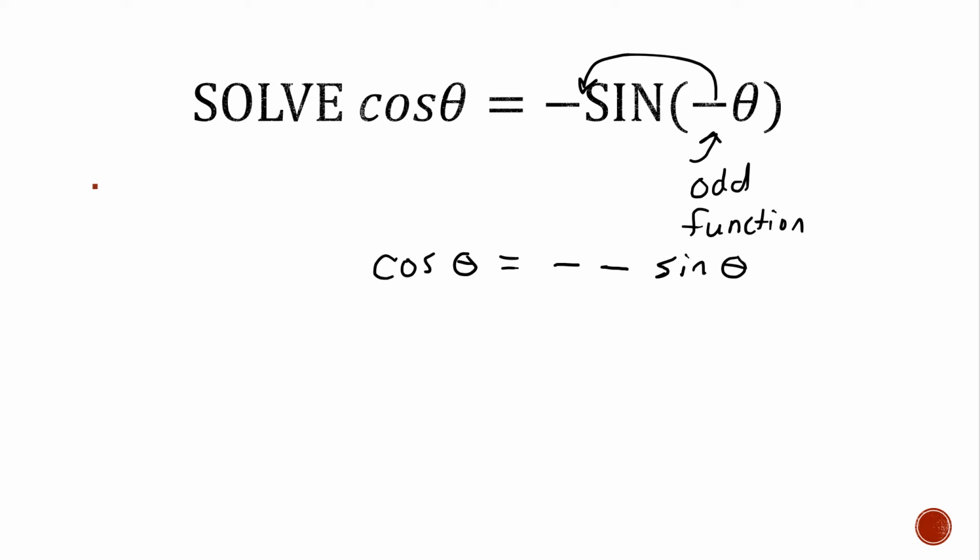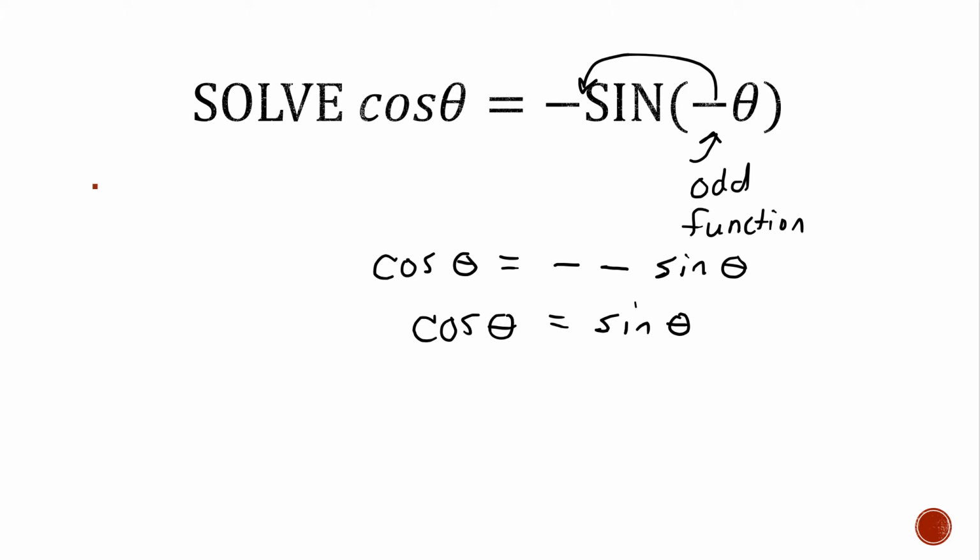So those two negatives are going to become positive. So we're really looking for places where cosine and sine have the same values. So this requires a little bit of thought on your part as far as your memorized values and trying to think about where sine and cosine are equal.